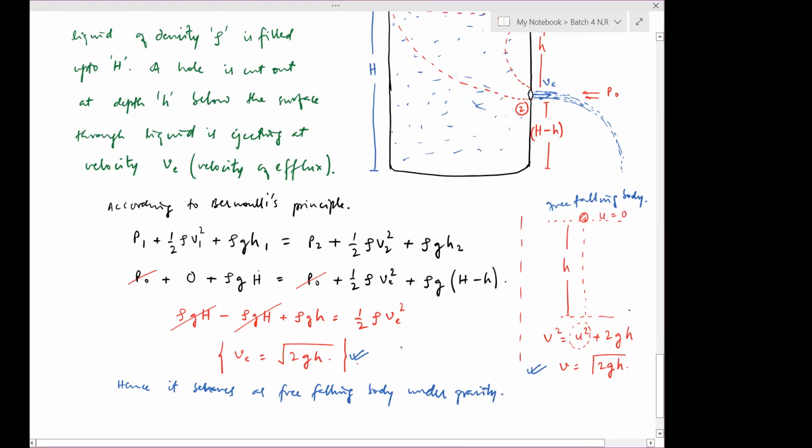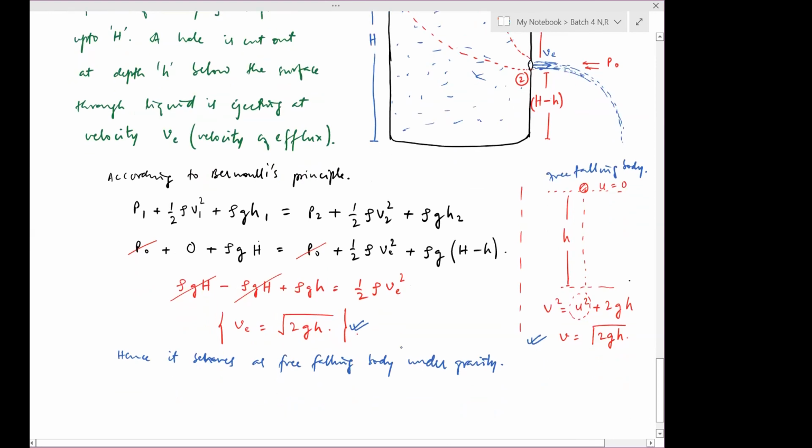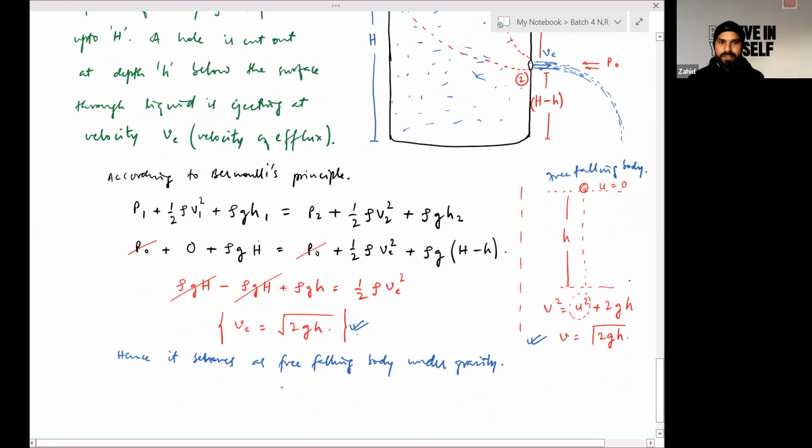Sir, what if we are sitting on a cylinder which is free falling, and the liquid is also falling out of the cylinder? Will it appear motionless to us? This particular relation is basically defined as if liquid is falling freely under the effect of gravity. So the velocity of ejecting liquid will be this much, which is equivalent to a body freely falling through height h.